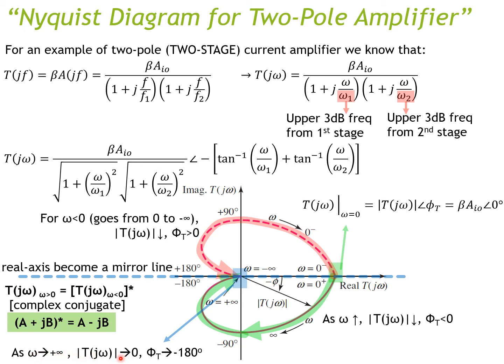You can see that the magnitude of the loop gain will go to 0 when the phase is going to negative 180 degrees. Therefore, when this phase goes to negative 180 degrees, the magnitude of the loop gain goes to 0. Therefore, this system is stable. There's no situation where the system becomes unstable. So we're safe.